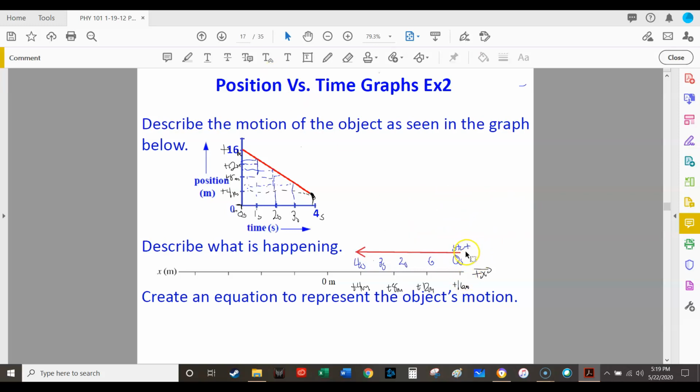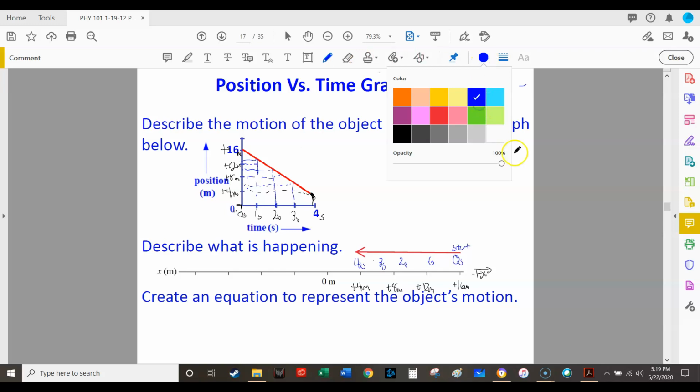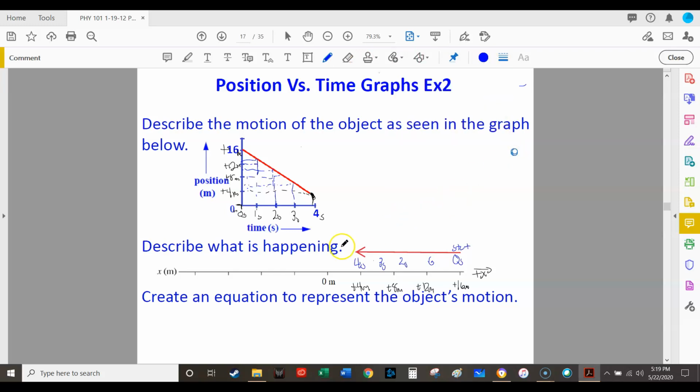Well, that vector is pointing to the left. It starts here, and it's going to end here at the 4 meter mark at 4 seconds. The end is the 4 seconds. The initial time is 0 seconds, right?